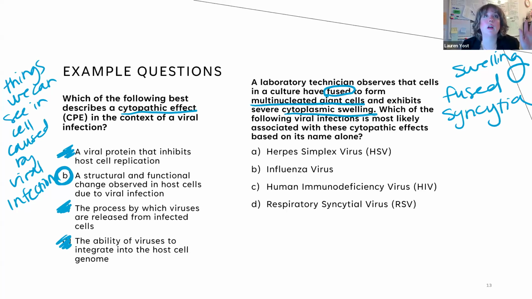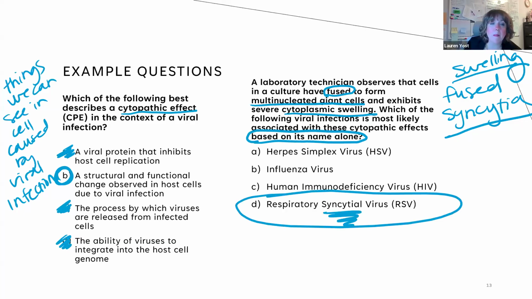I could have just left it alone if this was Unit 4, but we're not anywhere near that yet. So now I give you a little bit of information to help you out based on the name alone. Based on the name alone, I can see one in here that has something to do with these terms in it, and that's D. The other one's just based on the name. Might they?